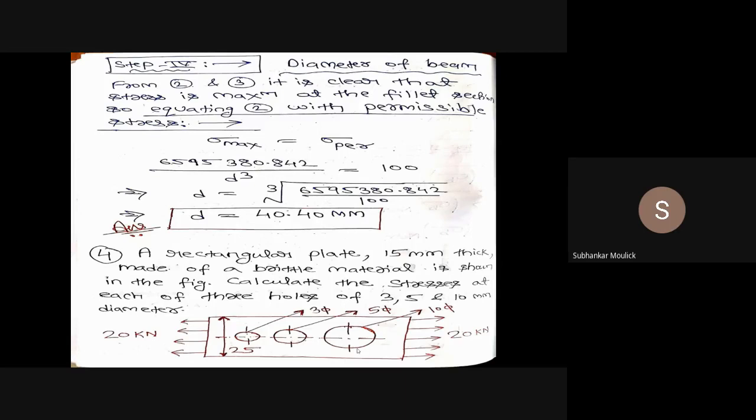We will find out the value of nominal stress, then we will multiply the nominal stress value with the stress concentration factor value that we will obtain from the design data book. We will get our maximum stresses generated at all these 3 holes. Is the question clear to you? Yes, sir. Okay. So let us solve the question one by one.